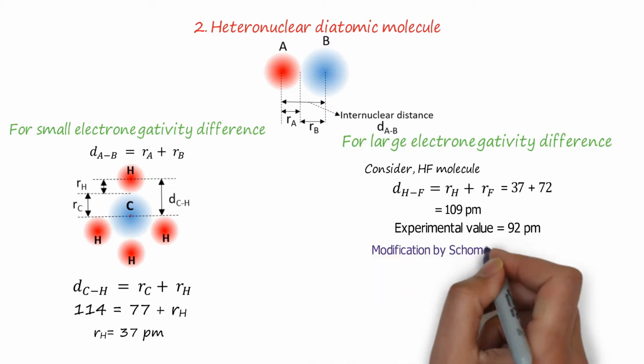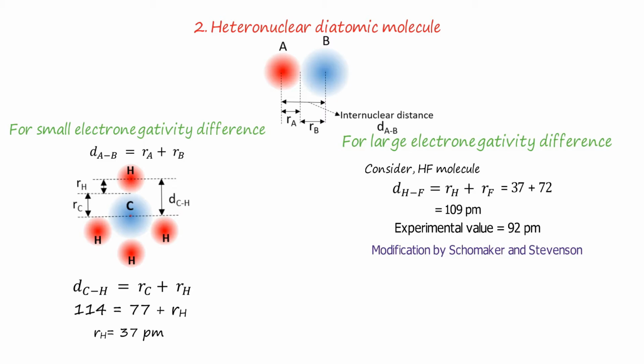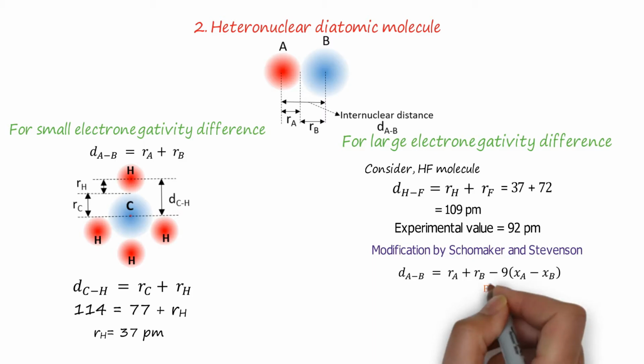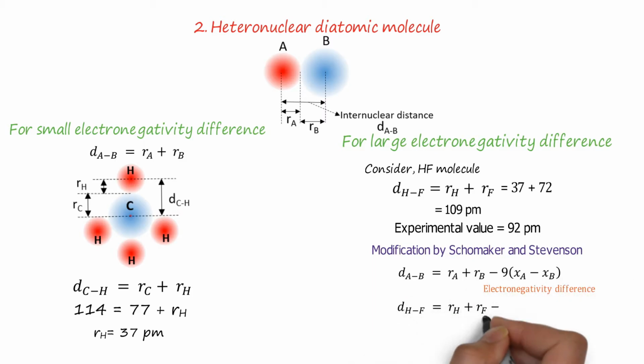Schumacher and Stevenson modified the formula and included the difference of electronegativity. According to them, the internuclear distance between two atoms is equal to the radius of atom A plus the radius of atom B minus 9 times the difference of electronegativity. Now apply this formula to the HF molecule.